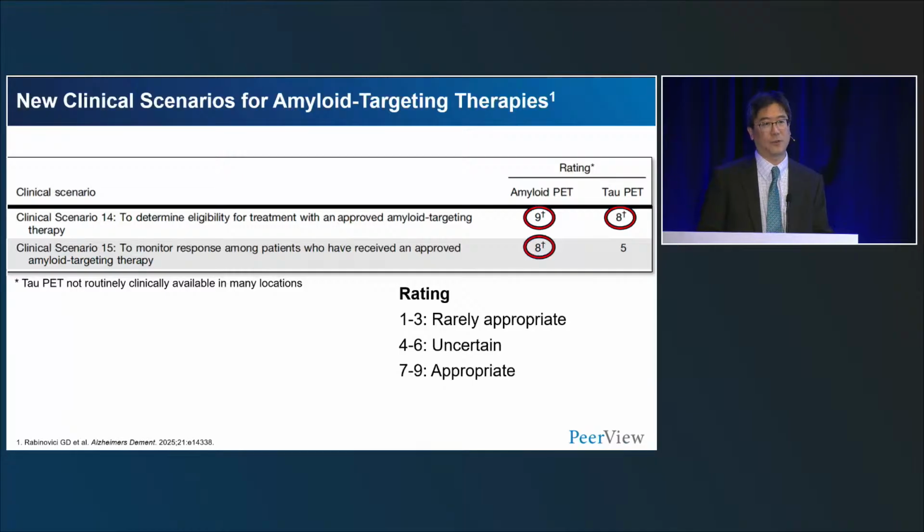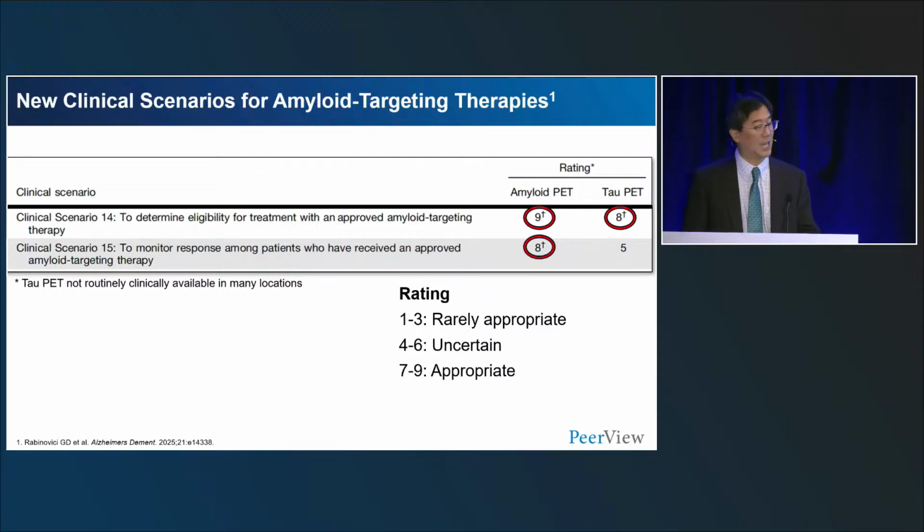This is how we confirm that your target is there in order to treat with amyloid targeted therapy, the very basic foundation of neurotheranostics, right? And then clinical scenario 15 is a little bit more interesting, to monitor response among patients who have received an approved amyloid targeted therapy, and gave it also a very high appropriate rating of 8.